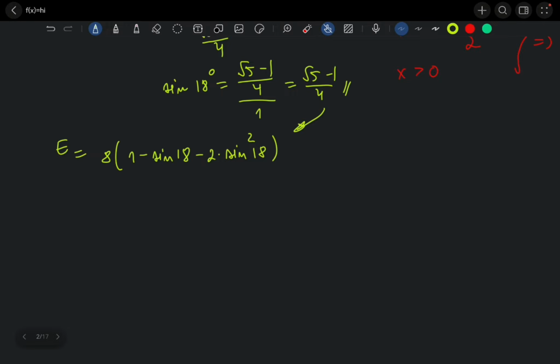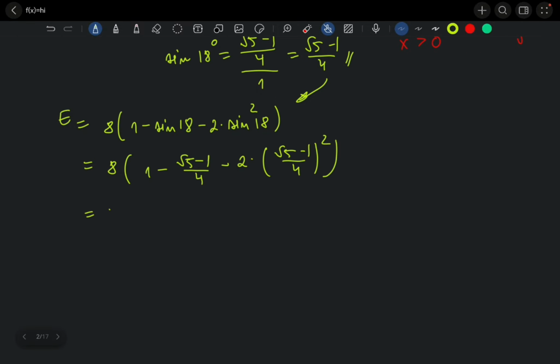By substituting this into our simplified expression, we get 8 all over 1 minus square root of 5 minus 1 over 4 minus 2 times square root of 5 minus 1 over 4 all squared, which will be equal to 8 all over 1 minus square root of 5 over 4 plus minus gives us a plus 1 over 4 minus 2 times square root of 5 whole squared gives us square root of 5 squared gives us 5 minus 2 times square root of 5 plus 1 over 4 squared, which is equal to 16.